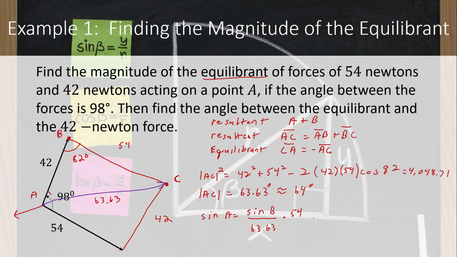And when you do that math, you will have that the sine of A is equal to 0.840397. And if that's the case, then A is equal to 57.18 degrees. And that right there is the angle of the resultant. So this is the angle of the resultant, or AC.